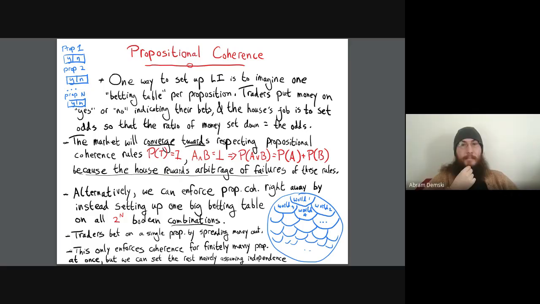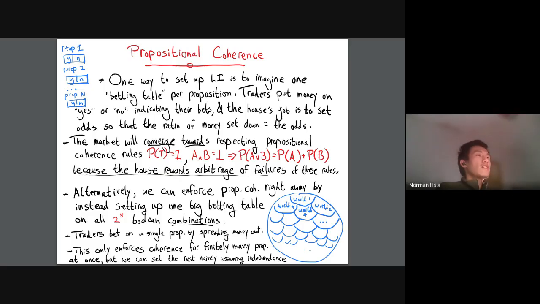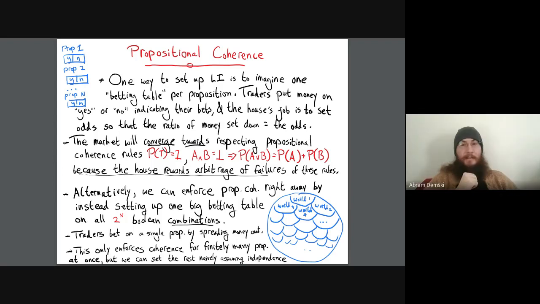So it seems that there needs to be an independent notion of traders trying to bet on things, independent of putting bets on worlds. There needs to be a notation that they use to make their bets.